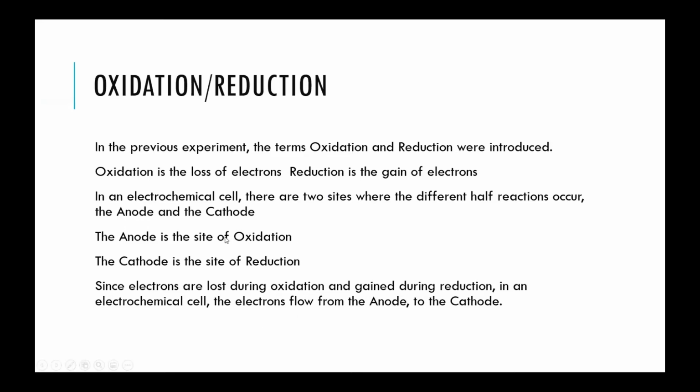The anode is the particular spot in an electrochemical cell or a chemical battery where oxidation occurs. Electrons are leaving the anode. The cathode is the site of reduction. Electrons are coming to the cathode. Since electrons are leaving the anode and flowing to the cathode, this is the flow of electrons, from the anode to the cathode.